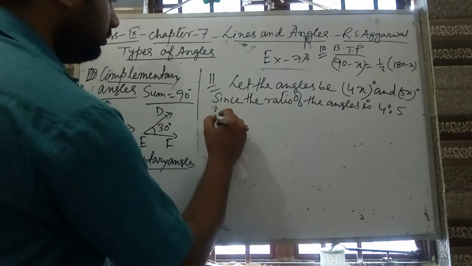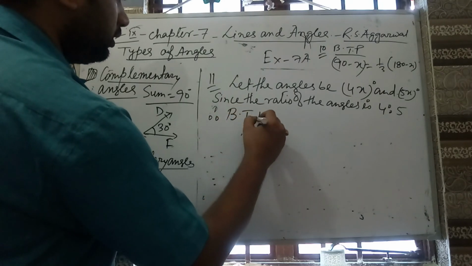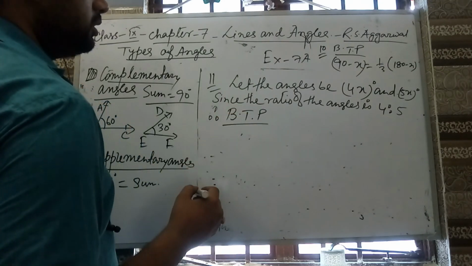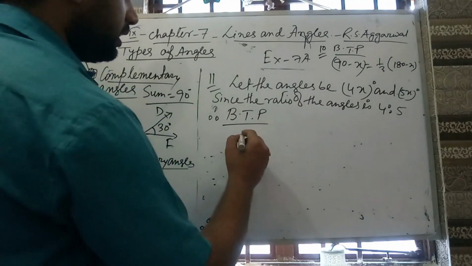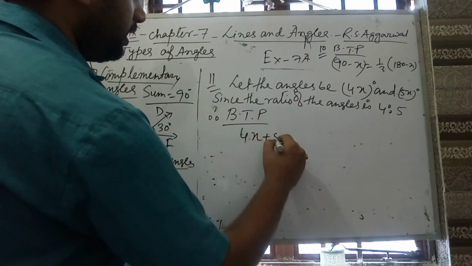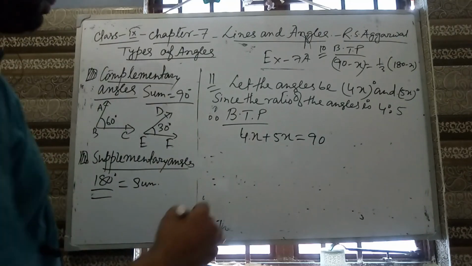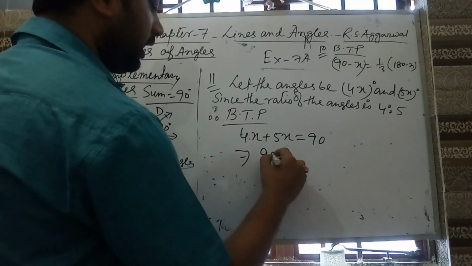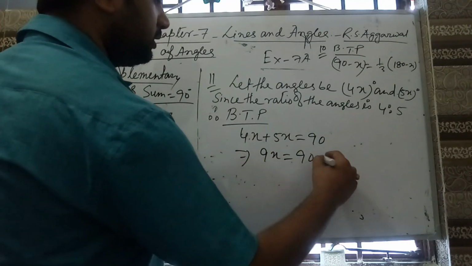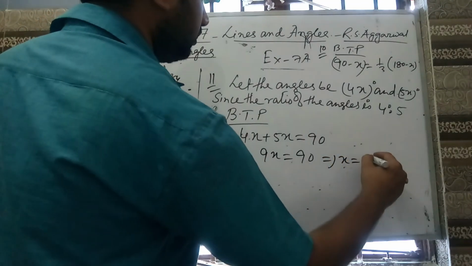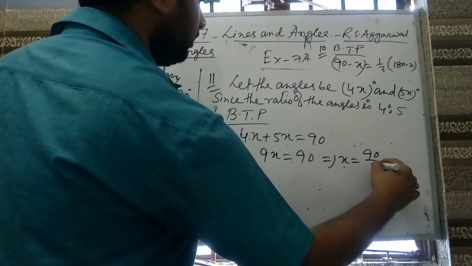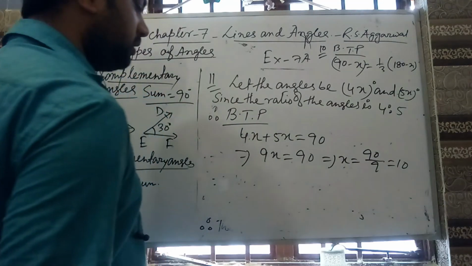Therefore, by the problem, sum of these two angles, that is 4x plus 5x, it will be 90. That implies 9x equals 90. That implies x equals 90 by 9, that is 10.